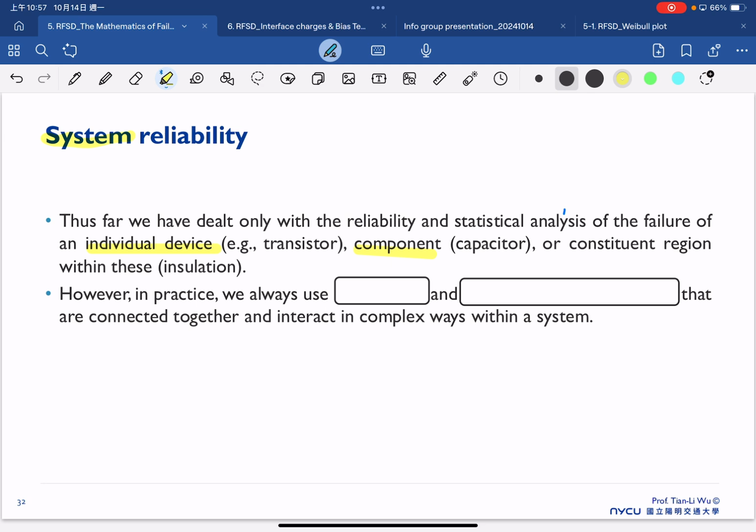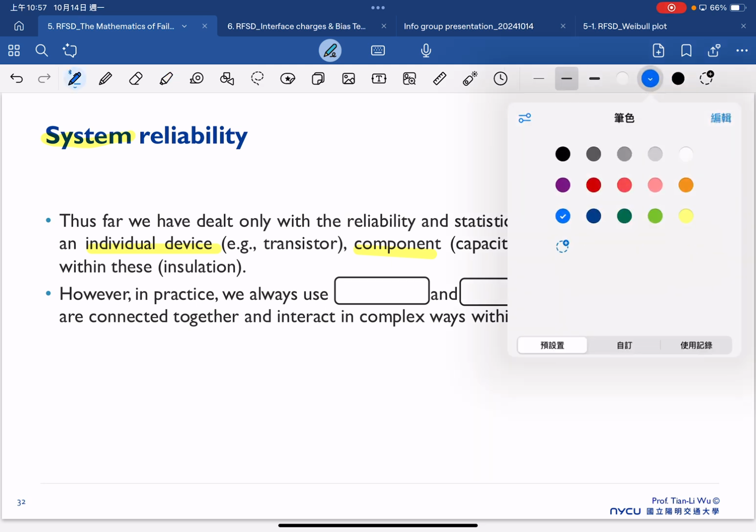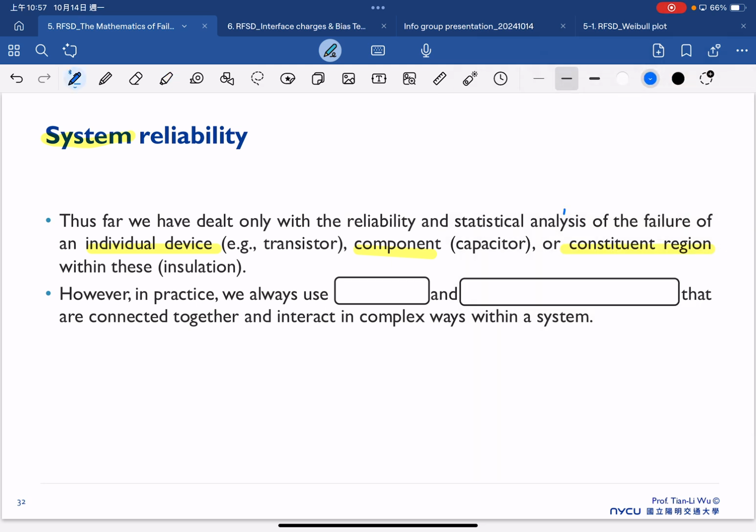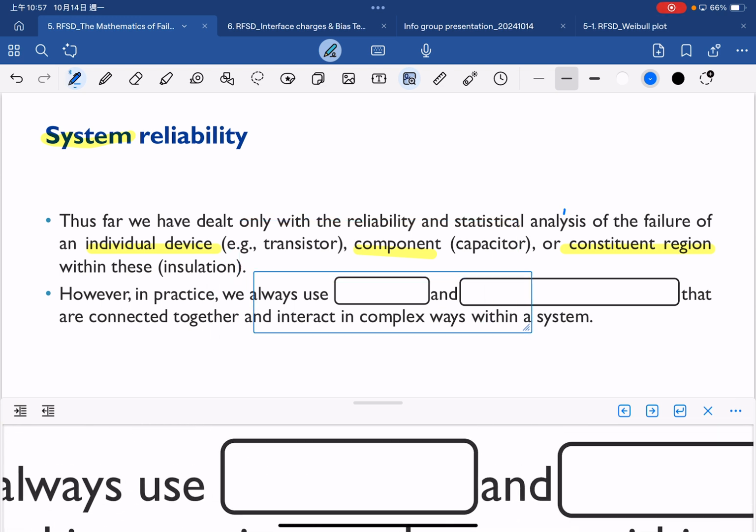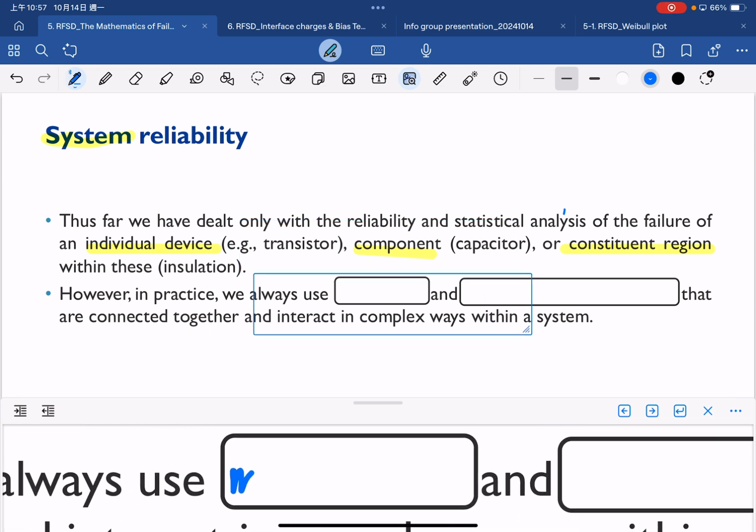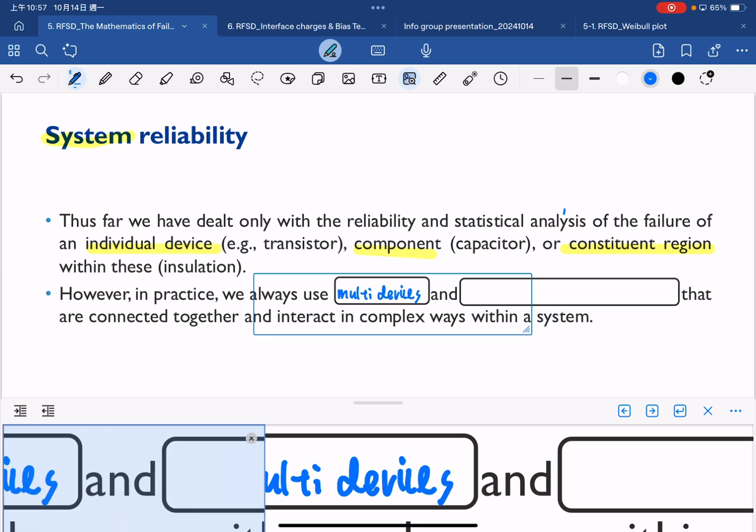But in practice, we actually always use multi-device and multi-component structures.